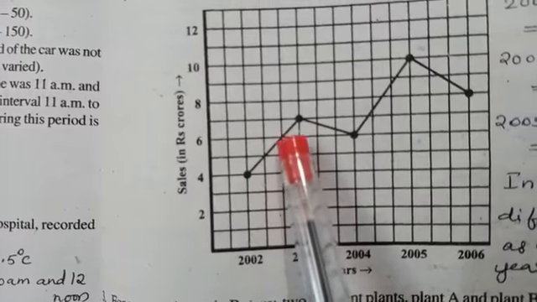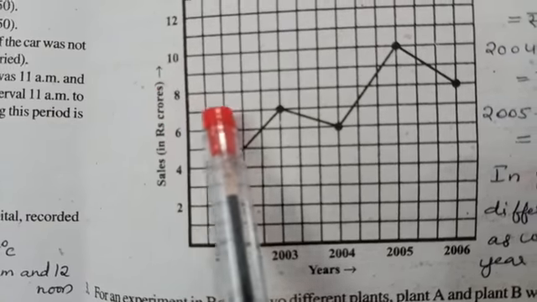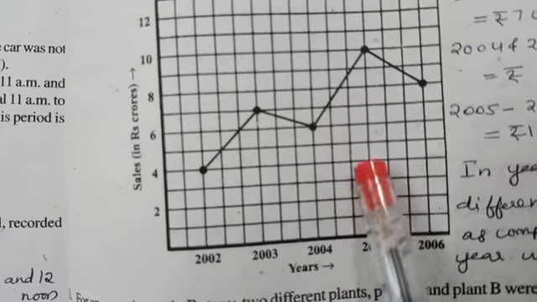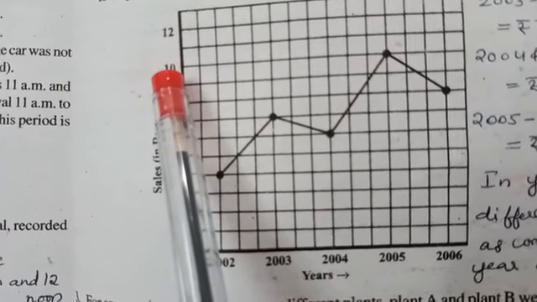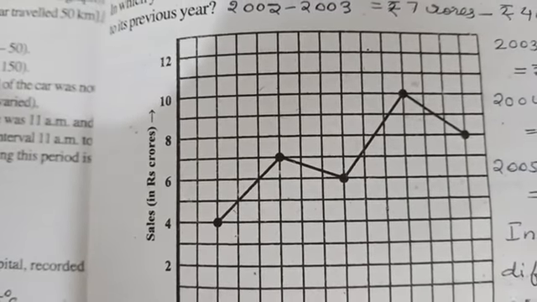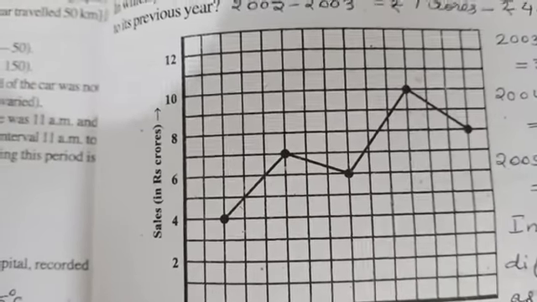Now question B: what were the sales in 2003? 2003 corresponds to 7, between 6 and 8, so 7 crores. And 2005 is this, 10 crores. Next question C: compute the difference between the sales in 2002 and 2006.